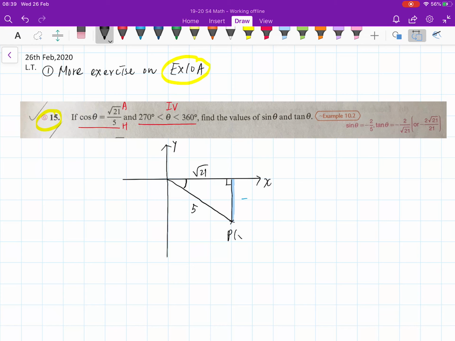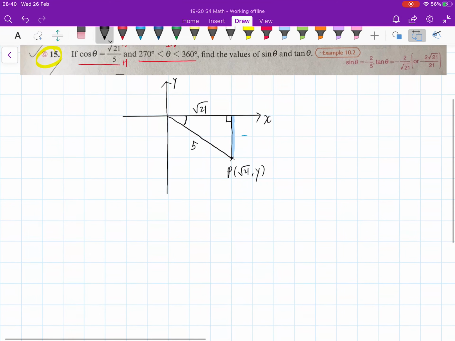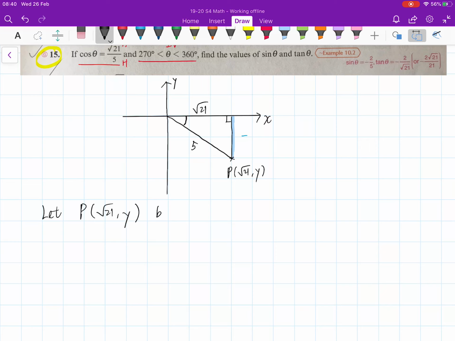We let the point P have the x coordinate, which is known, square root of 21, but the y coordinate is unknown, so we keep it as y. So let P be the point with coordinates square root of 21, y.